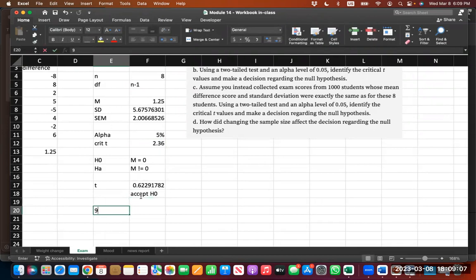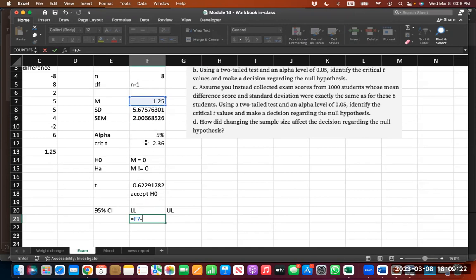And then we can quickly also calculate the 95% CI. That's basically lower limit, upper limit, same concept as before. We're calculating our mean minus our critical t multiplied by our standard error of the mean. Gets us minus 3.49.